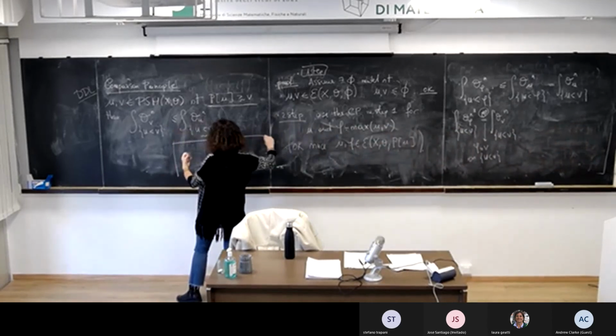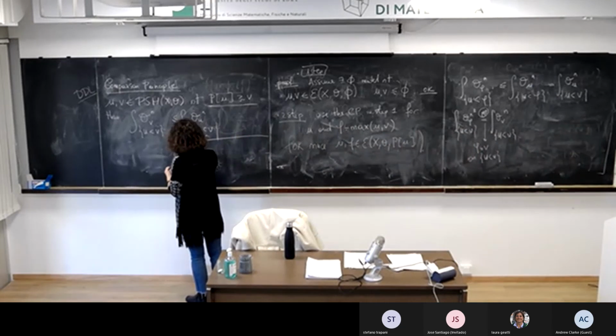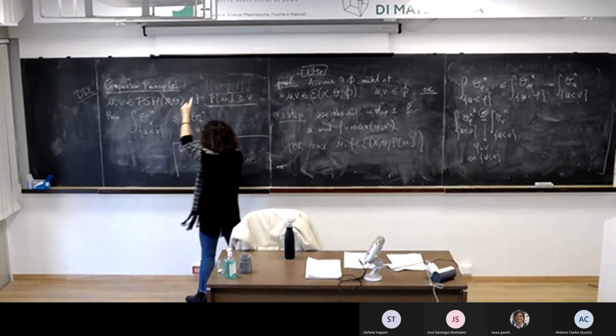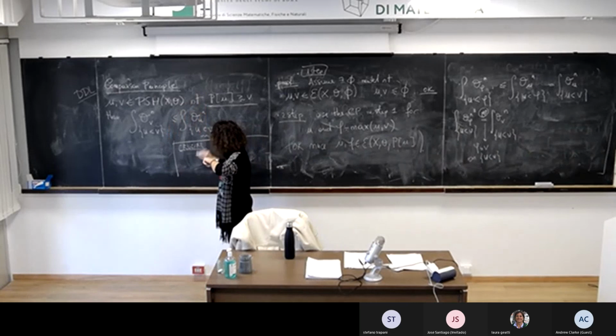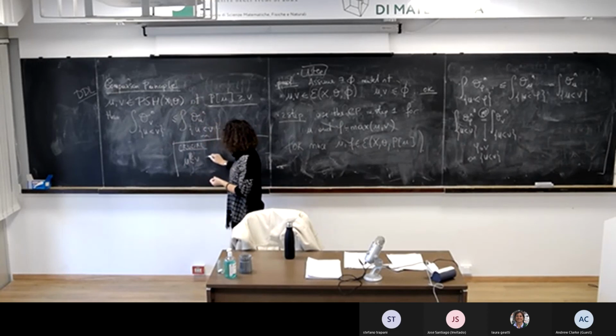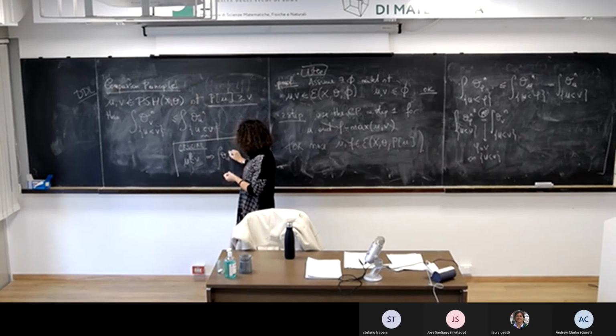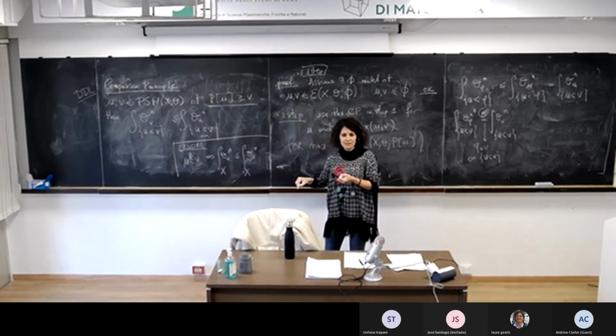If you want to sum up, the crucial thing that we use for this comparison principle and all these general things, at the very start, is that if one function is more singular than another, then you get this inequality at the level of masses.